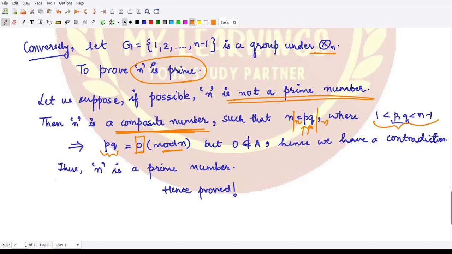But this element 0 is not a member of G, because all the members of G start from 1, 2, 3 up to n minus 1, and 0 is not present here. Hence we have a contradiction, because this pq is not present in our group, right? So therefore our supposition was incorrect, that n is not a prime number, so it has to be a prime number, and this is what we wanted to prove in this particular case.